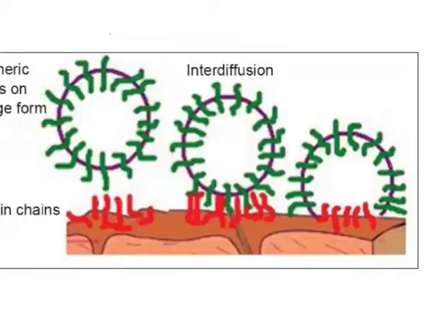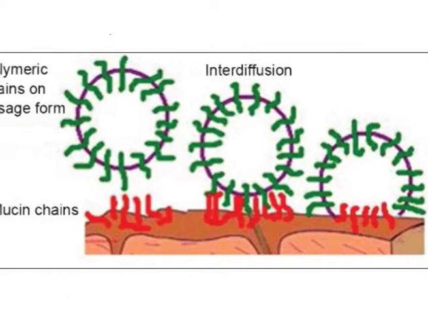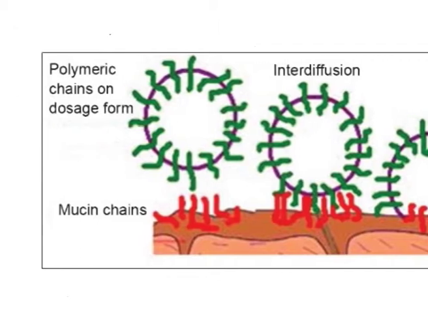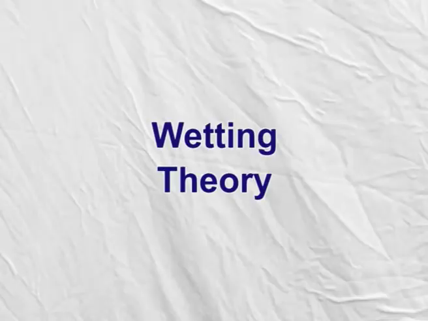According to this theory, adhesion is the result of various surface interactions, that is, formation of primary and secondary bonding between the adhesive polymer and the mucous substrate. Third one is the wetting theory.